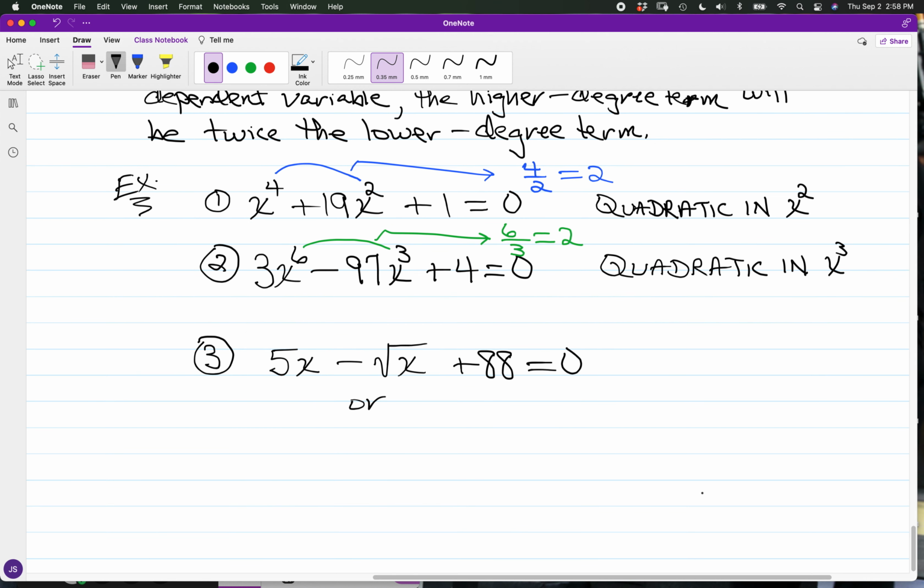And another way to write this, okay, remember, we're just working with radicals time and again. And when we looked at non-integer exponents, the square root of an expression is like that expression taken to the 1/2 degree.